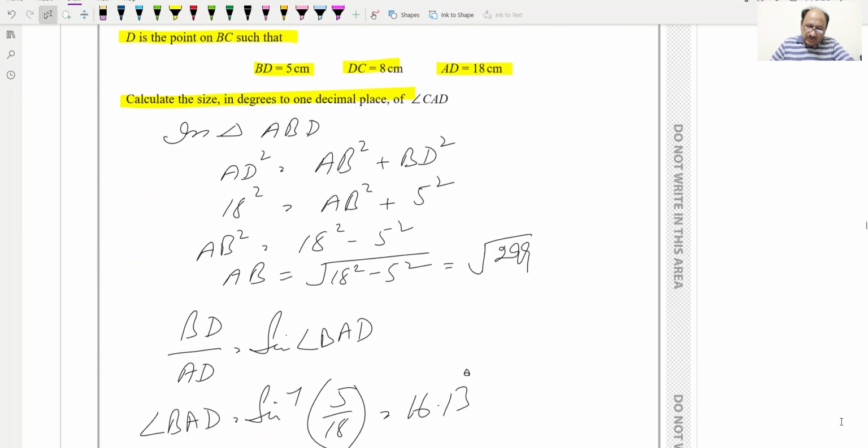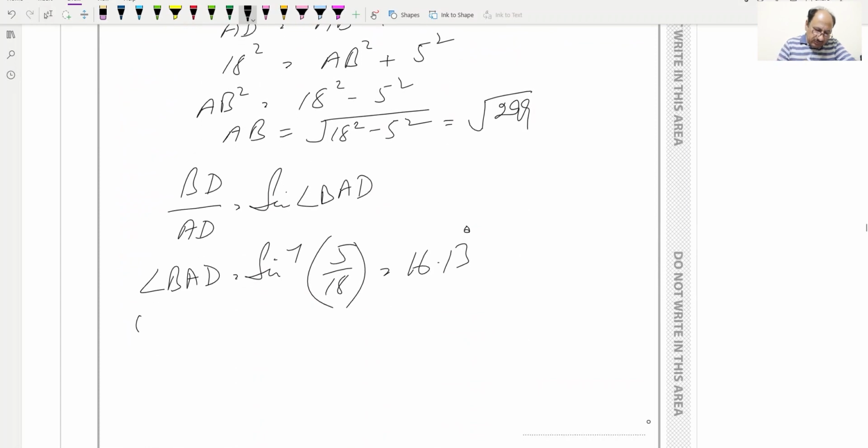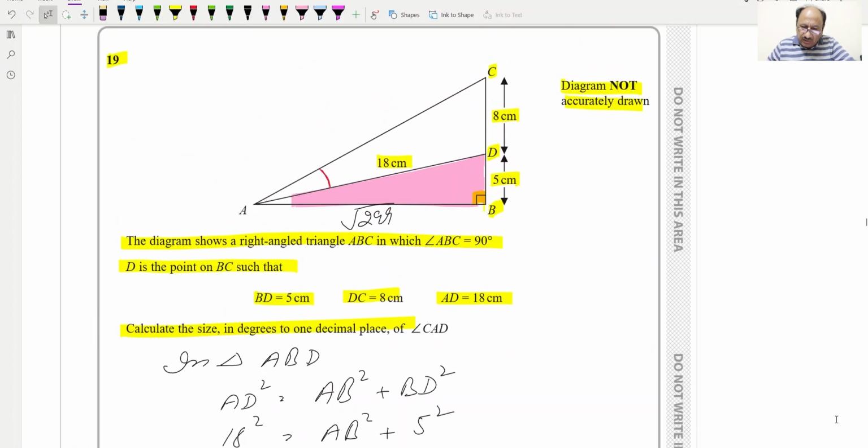Now we can consider triangle ABC, which is the bigger triangle.